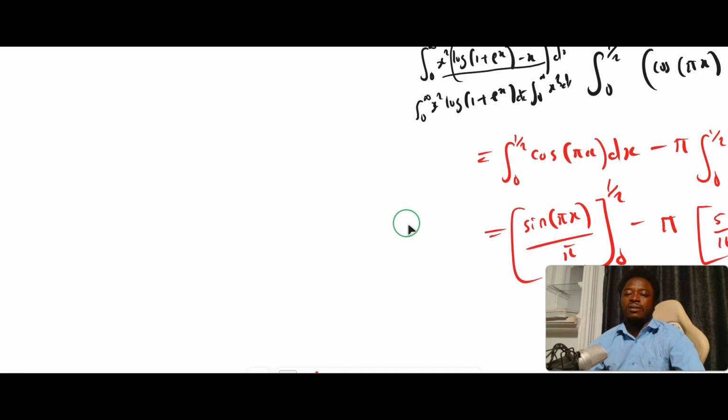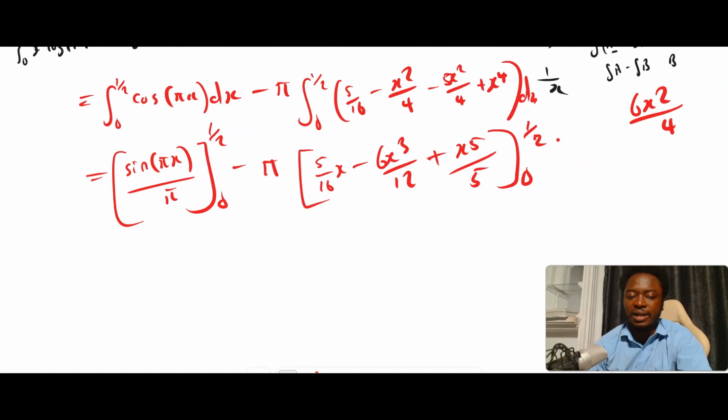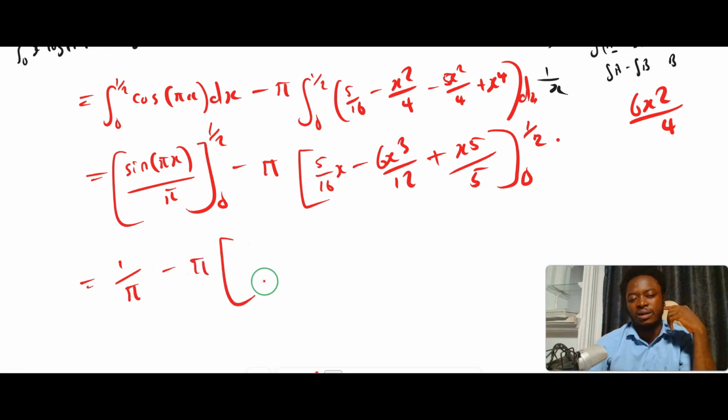Now observe that for sine of pi x, if you plug in x equals half, you get sine of pi over 2, which is 1. So you have a 1 over pi here, which is good, minus pi. Then here you have 5 over 32.